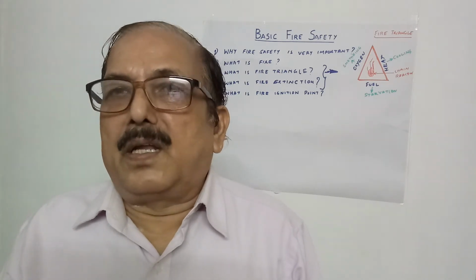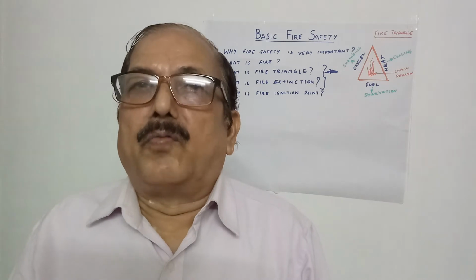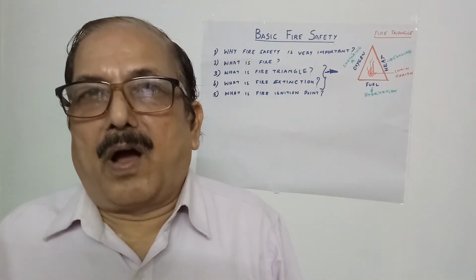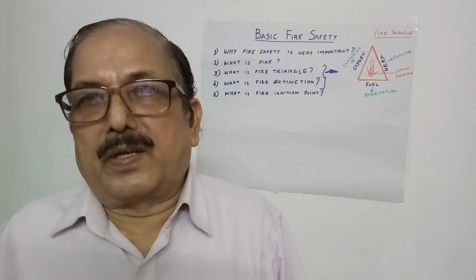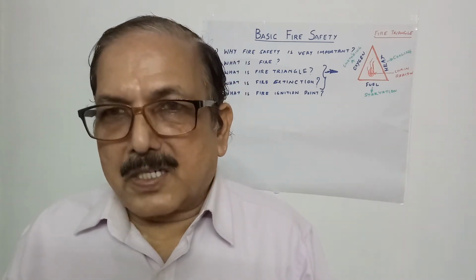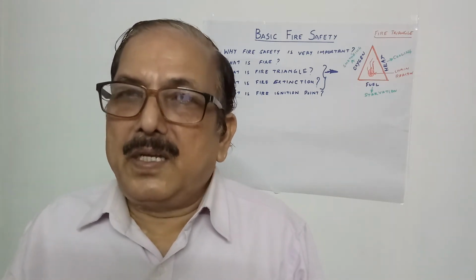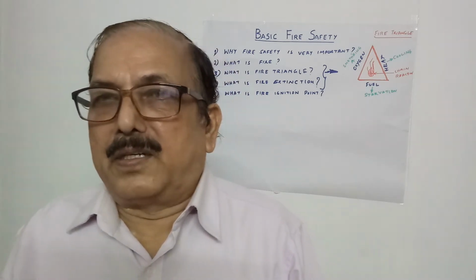Similarly, any material can catch fire at a particular temperature without an external source of fire. Now I feel that you understood clearly what an ignition point, a flash point, and an auto ignition point are. These three things are important whenever we talk about fire materials.